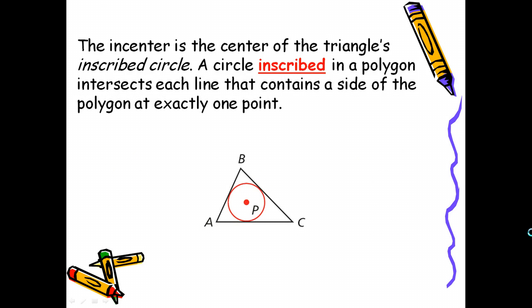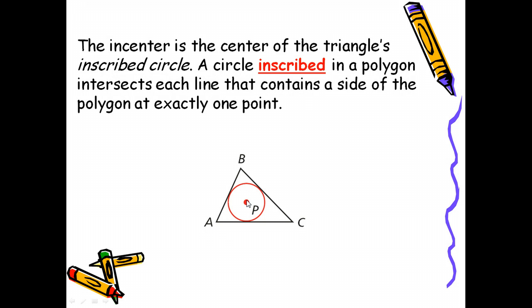The incenter is the center of the triangle's inscribed circle. A circle inscribed in a polygon intersects each line that contains a side of the polygon at exactly one point. So even though the red is contained inside of this black triangle, you would have one point shared with the side and the circle on each side.